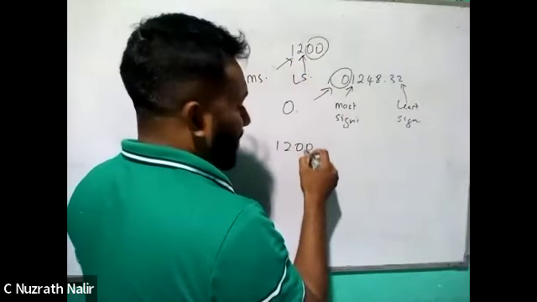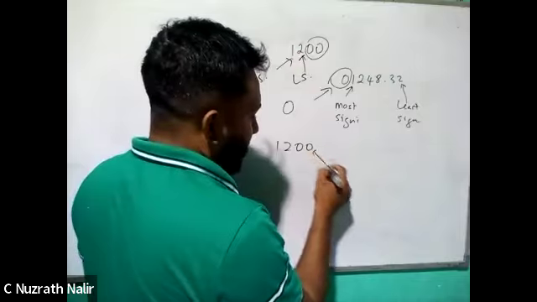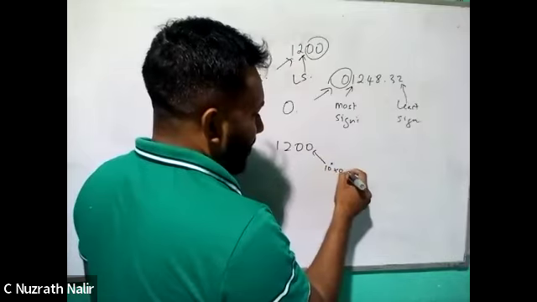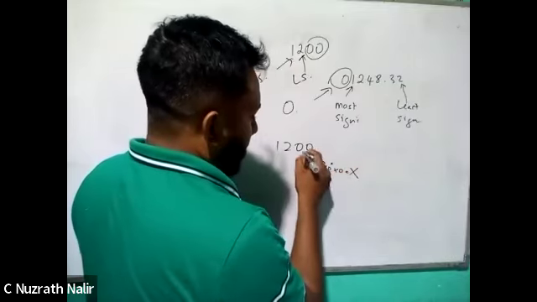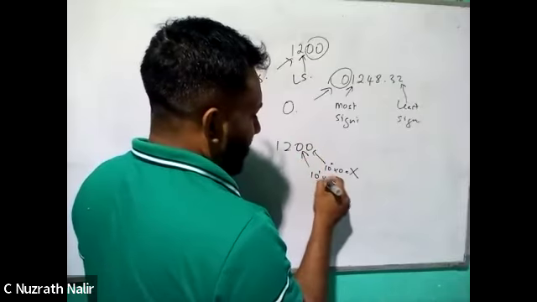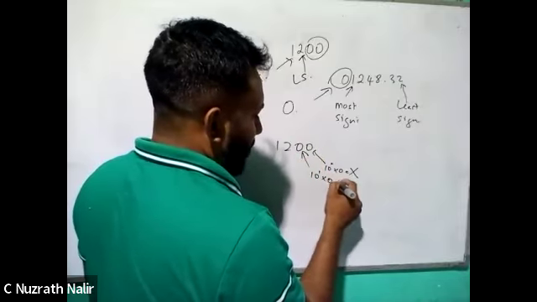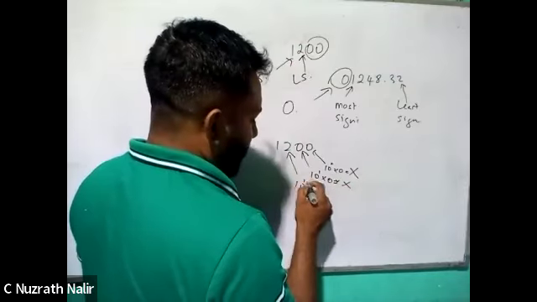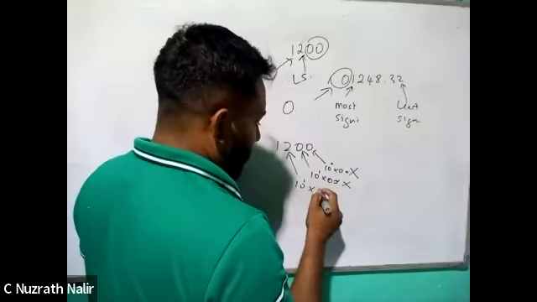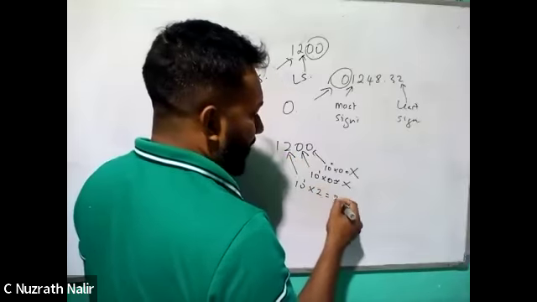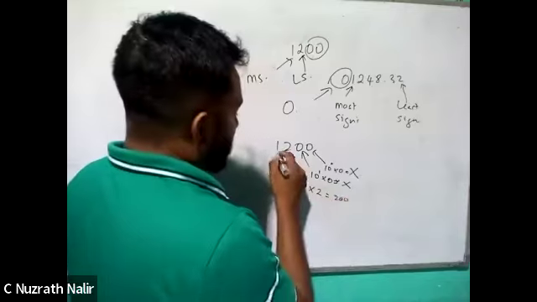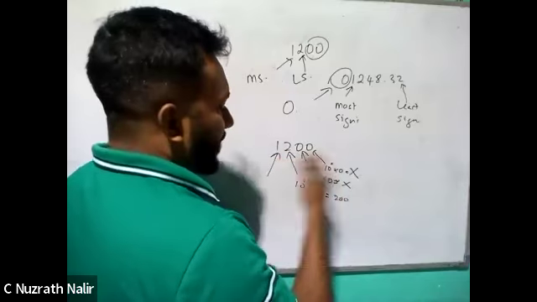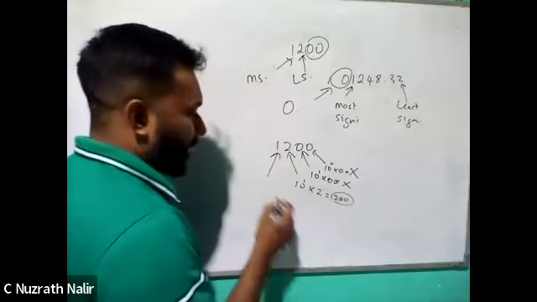Because 1, 2, double 0: 10 to the power 0 into 0 is no value, and 10 to the power 1 into 0 is also no value. So this is the least one. 10 to the power 2 into 2 gives you 200. So this is the most significant in this area because this value is 200.